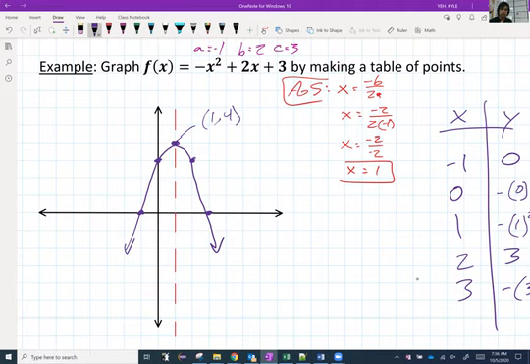So a couple things here. What made it upside down? You might have had a hunch about that. If we have -x squared, it will be an upside down parabola, opening downwards.